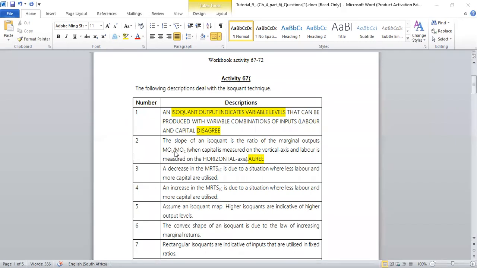So if they say they are utilizing more labor than capital, which means marginal output of labor will be less and marginal output of capital will be more. In this case, we'll be dividing the smaller number by the bigger number.